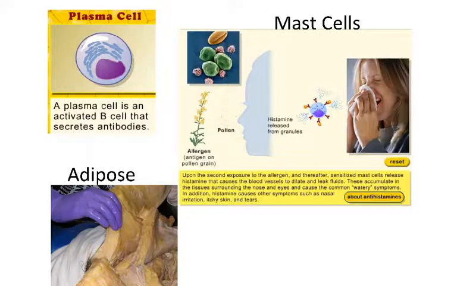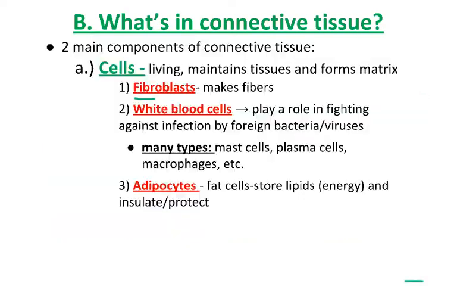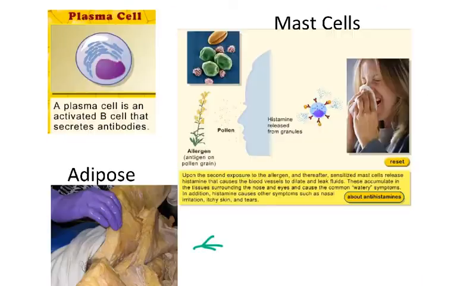Plasma cells make antibodies. And adipose, and this is kind of a gross picture, this is a surgical picture, is fat, and you find fat sitting right underneath your skin, and it makes really thick layers underneath your skin. But in terms of our class, these are the cell types that are all I'm looking for. Fibroblasts, white blood cells, and adipocytes.